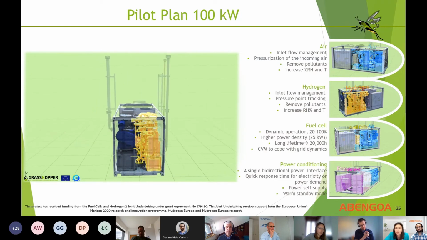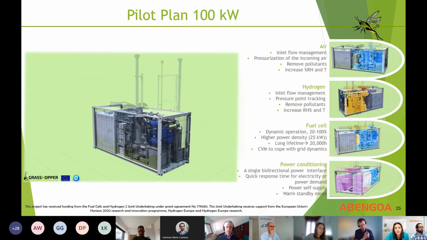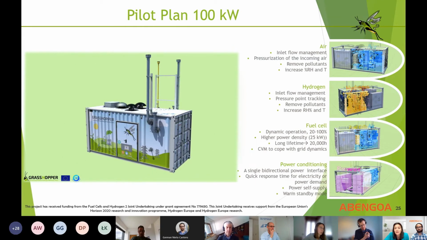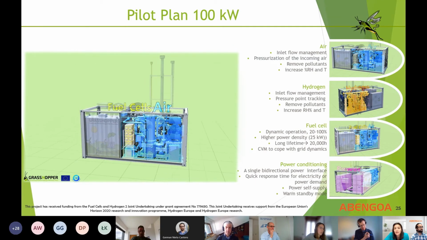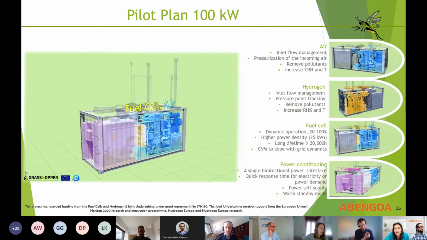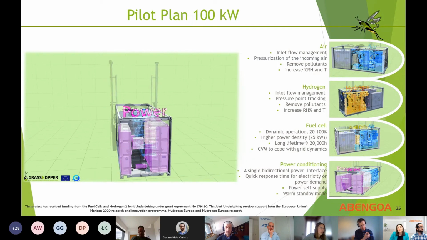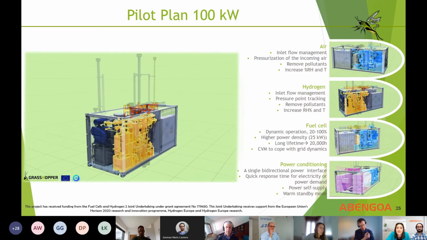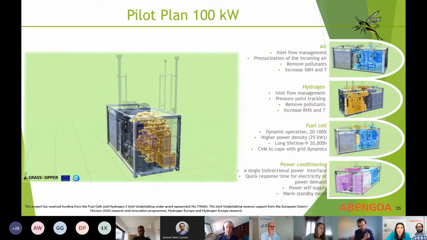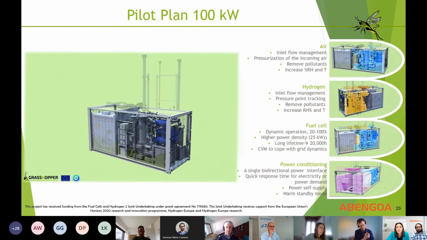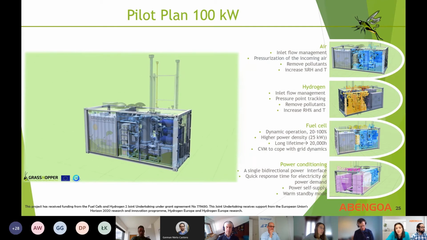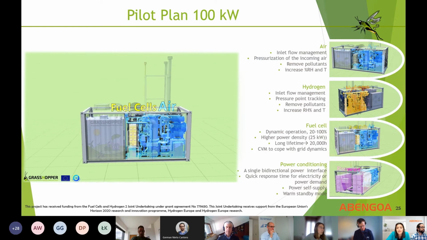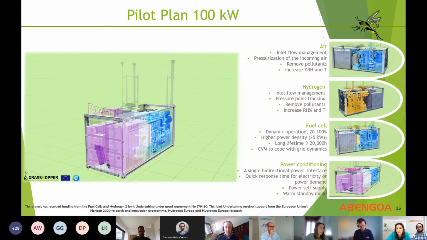The fuel cell module, as we told before, can operate from 20 to 100 percent load, and a continuous cell voltage monitoring allows the control of the balance of plant components to effectively respond to the dynamic load condition while increasing the fuel cell lifetime. The power conditioning system transforms the DC produced by the fuel cell into an adequate AC power that can be injected into the grid.